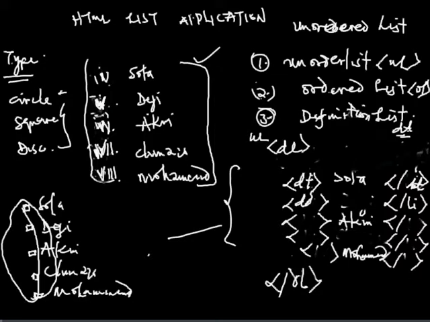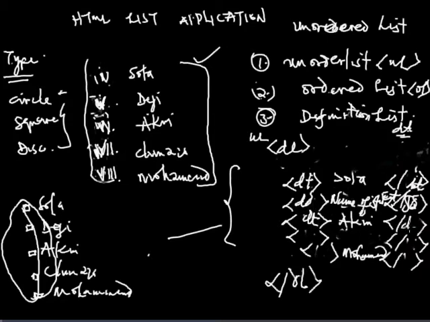You define the term. Like Shola, you can now write name of student, and you can also write DD, because this is DT, you close it back. The same thing, DT, definition term, definition.